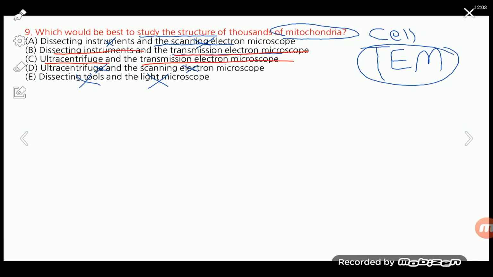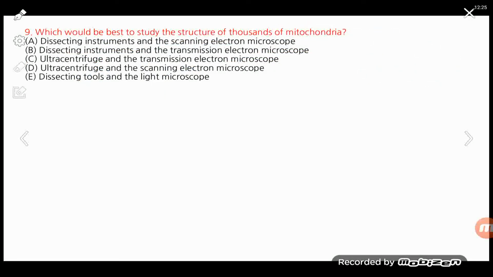Guys, dissection, which you know is like cutting and taking a segment or a specimen, is not such a way to be used by the transmission electron microscope to see the mitochondria. We have to use ultracentrifuge. So the answer for the question, guys, is C.